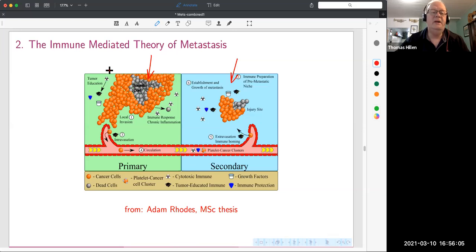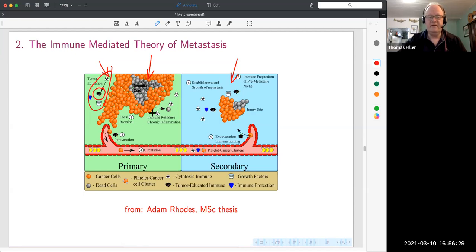But now what is new is the immune cells here. And so we have these immune cells with this chemical symbol there. They're cytotoxic, so they would kill the cancer cells. And then we have this symbol with the PhD hat. We call them educated immune cells, and they help the cancer.